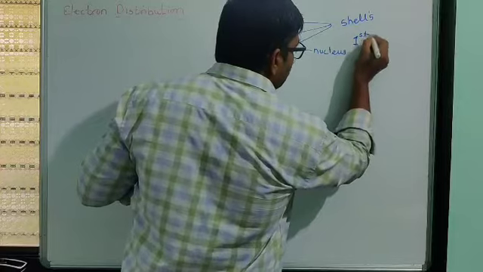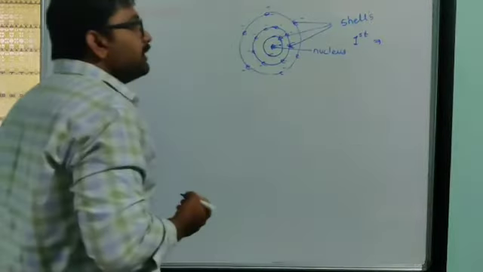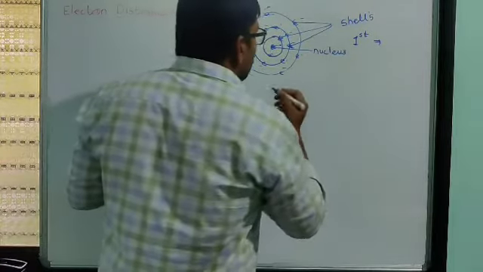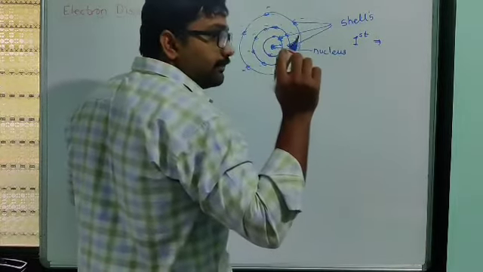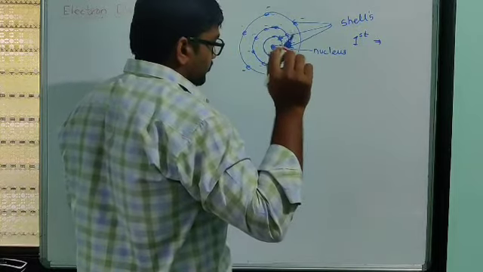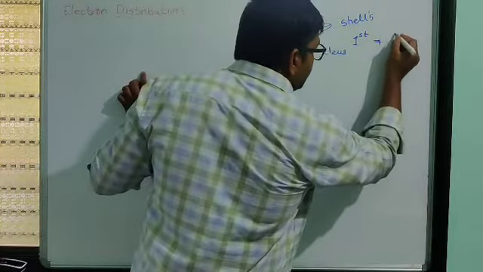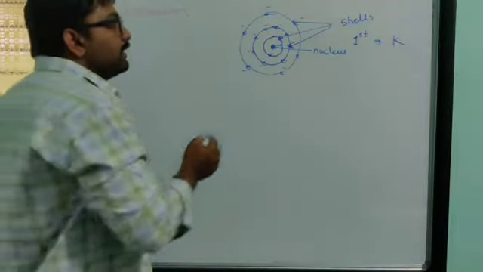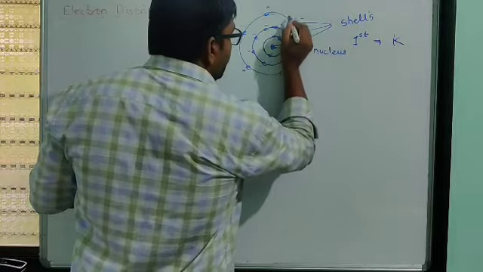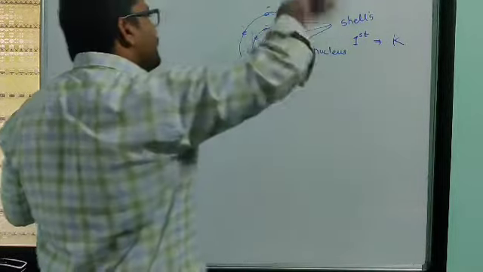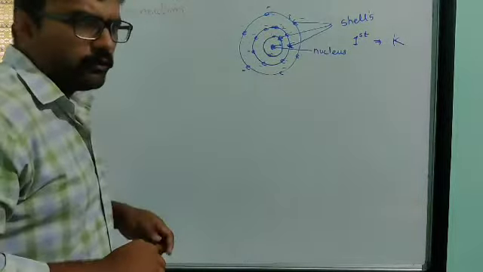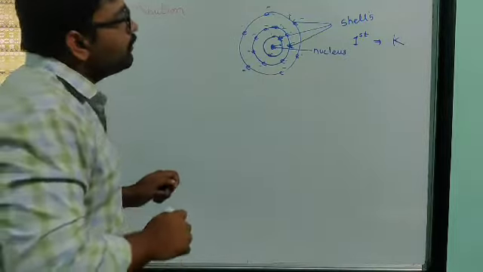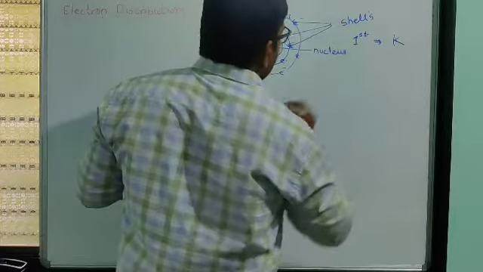The naming of these shells is given using alphabetical letters. The first shell is generally called the K shell. This is the first shell, this is the second, this is the fourth, and in some atoms 4 or more than 4 shells may be there, depending on the number of electrons. So the first shell's name is K shell.